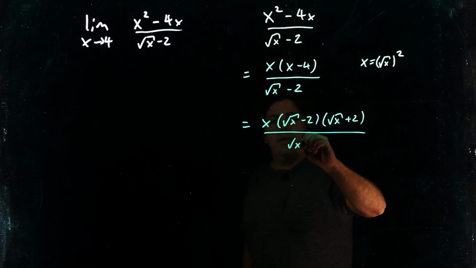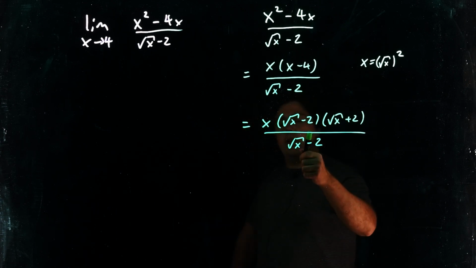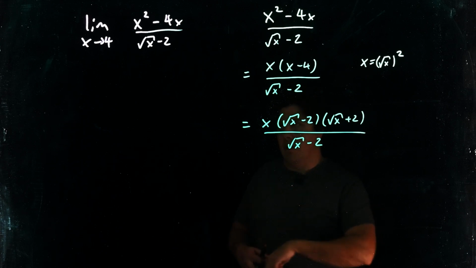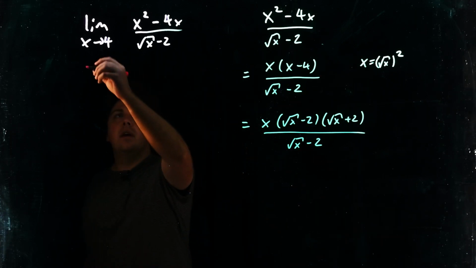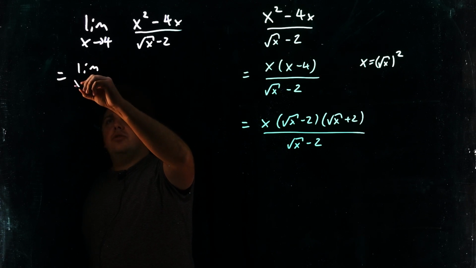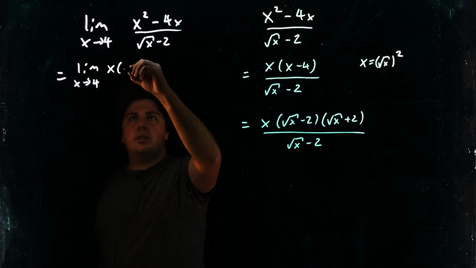And of course we have our denominator here. And of course if x is not 4, we're going to be able to cancel off the top and bottom here. And that's exactly what we're going to do. So just plugging in this work over here, this limit, just by algebraic manipulation, is exactly the same as this thing here.